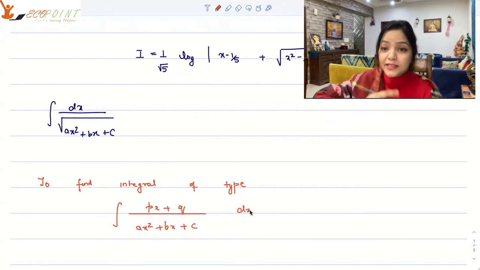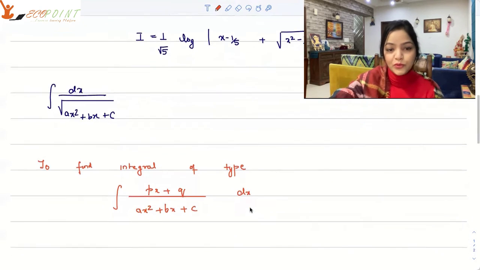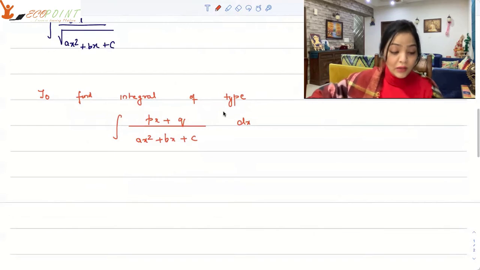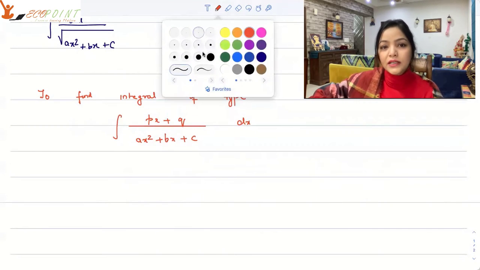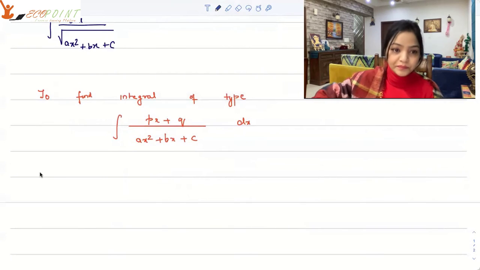So this time the numerator is not just 1, it is px plus q. Then what will you do? Now this will take some trick. Let's see what that trick is.